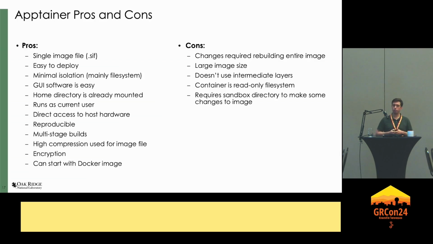A few of the Aptainer pros and cons. That single file that I mentioned, it's an actual real file that lives on your hard drive versus Docker, which is this kind of esoteric collection of immutable layers. It has very minimal isolation, which means that running GUI apps is much easier, because with Docker you have to map over all the X11 stuff, and because Aptainer has much more direct access to the file system, you don't have to do that.